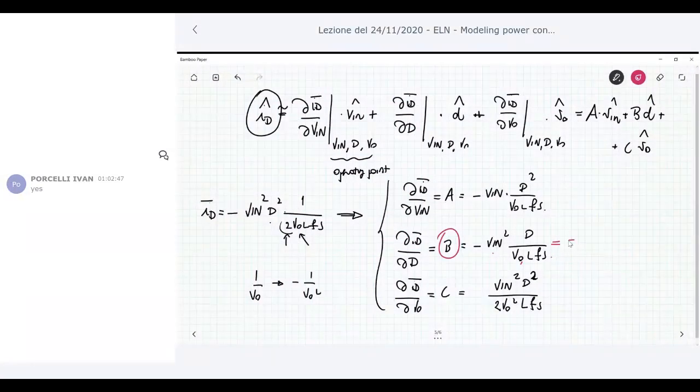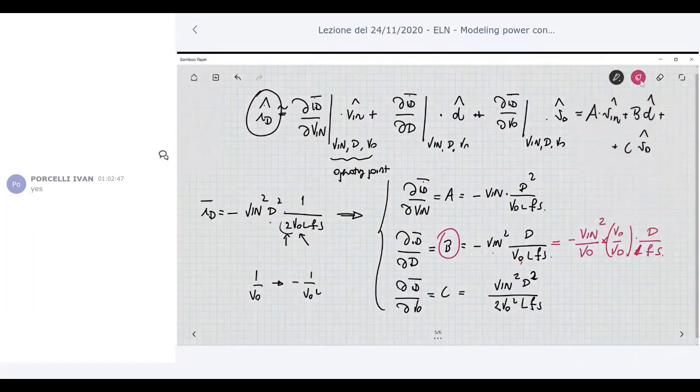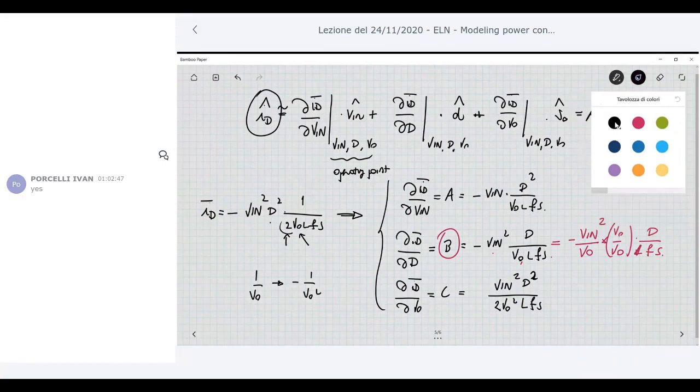I can rewrite it as V naught, V in square, V naught, then V naught over V naught here, and then D over L Fs. I just multiplied the previous expression by V naught divided by V naught.